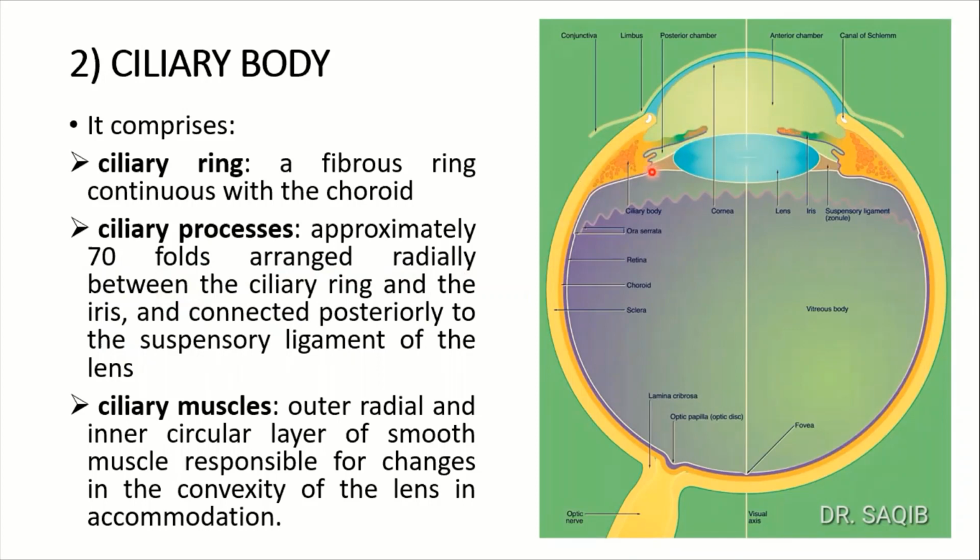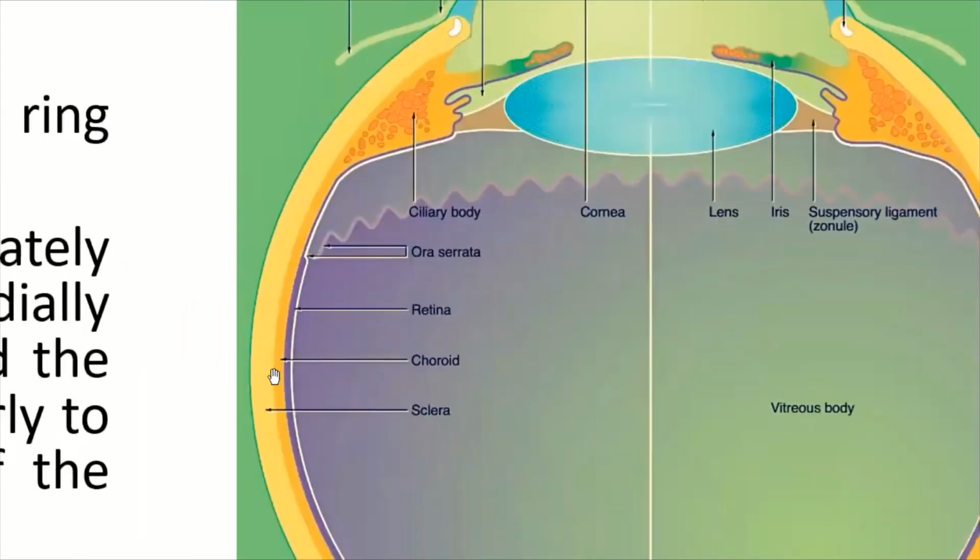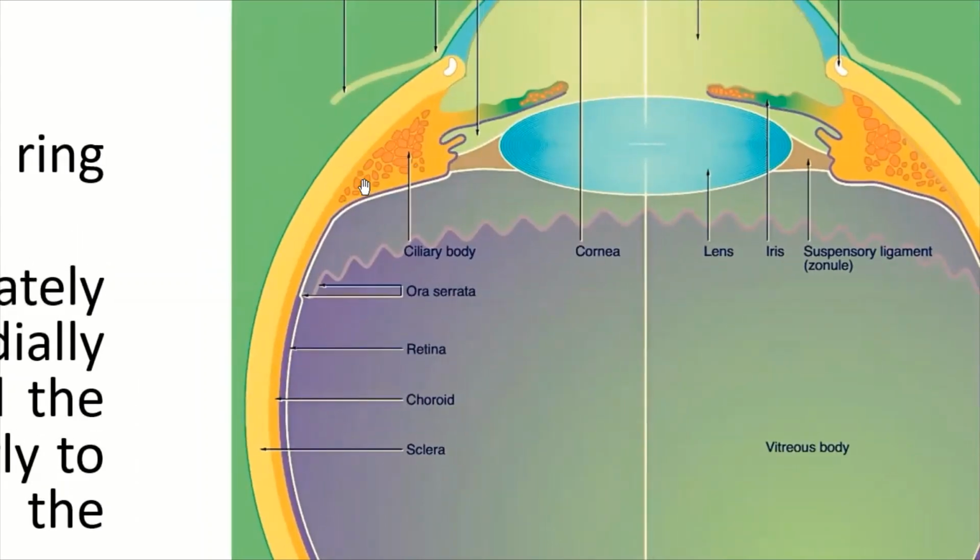They are connected posteriorly to the suspensory ligament of the lens. This is the suspensory ligament. And now I will show in a zoom form. Yes, here you see, right? So this is the choroid. You see the labeling. This is the darker yellow. This is choroid. And this is the ciliary body. Here these are the ciliary processes, about 70 folds.